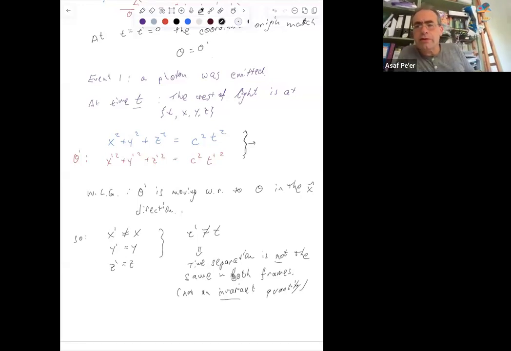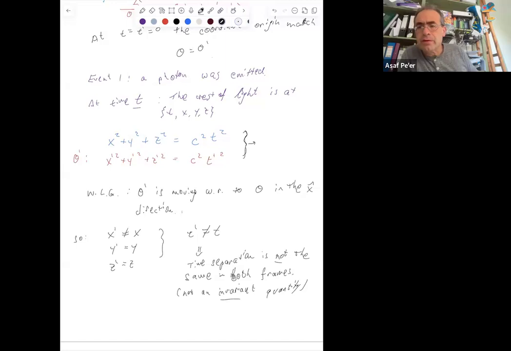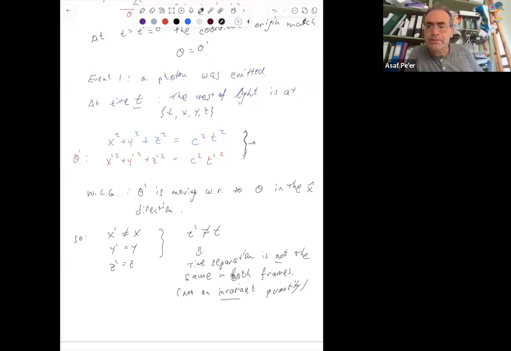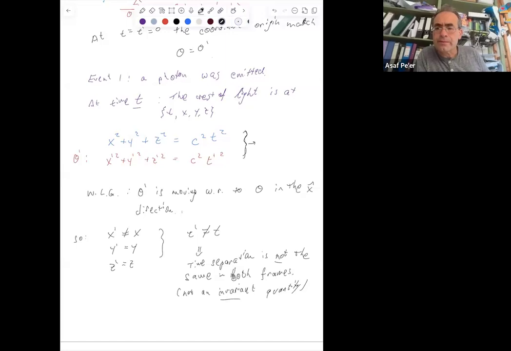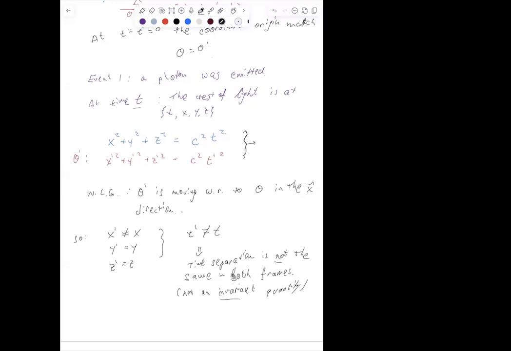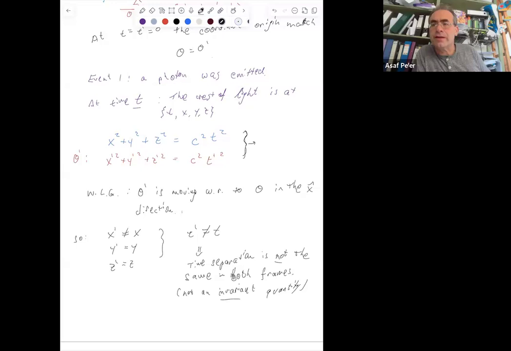But there is a quantity which is invariant. And what is that? The speed of light is a constant of nature. Yes, but there is another quantity which is invariant.